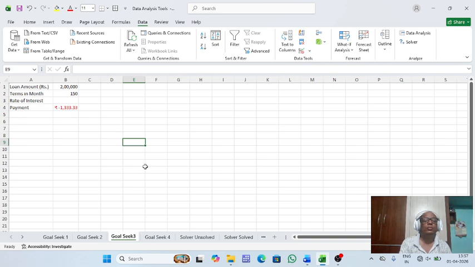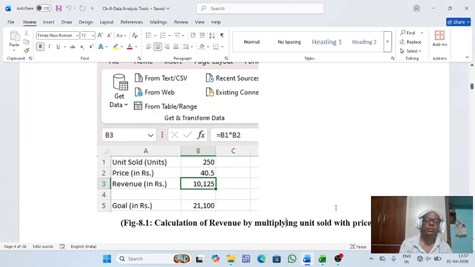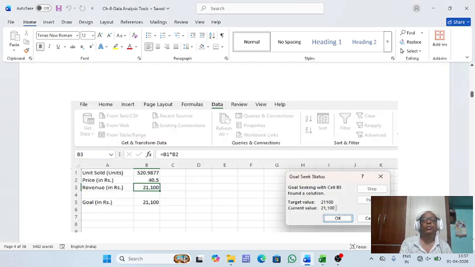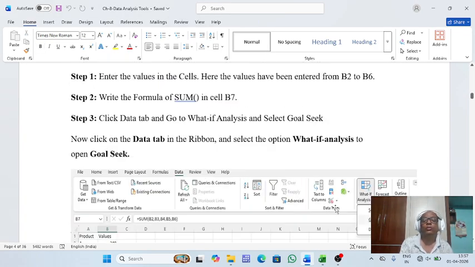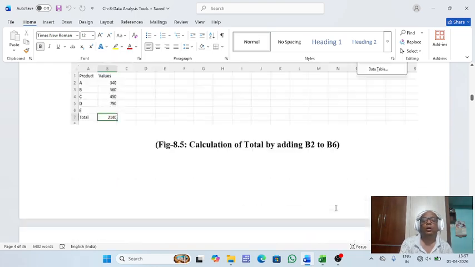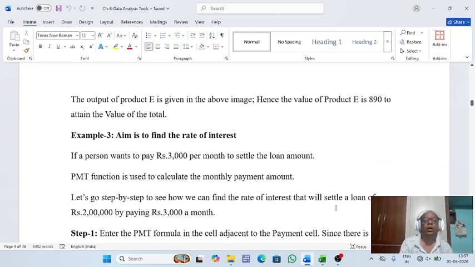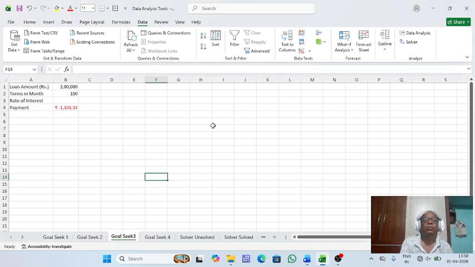Goal Seek 3, what is this? This is all about interest. Here the aim is to find the rate of interest, and we usually apply the PMT function. 2 lakh is the total loan amount, and the term is 150 months to repay the loan.